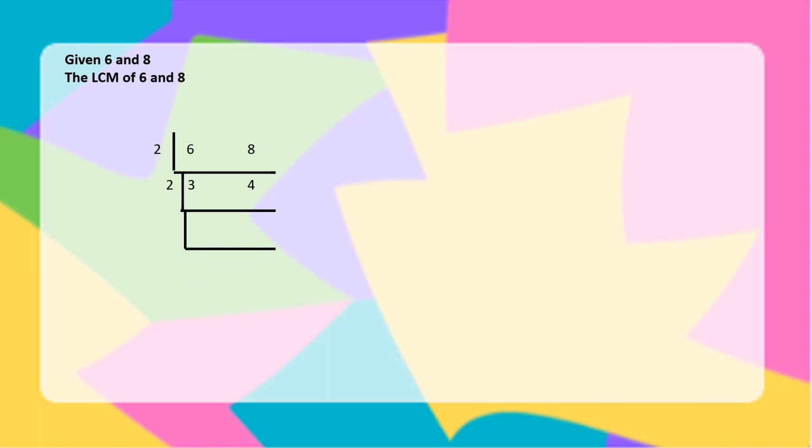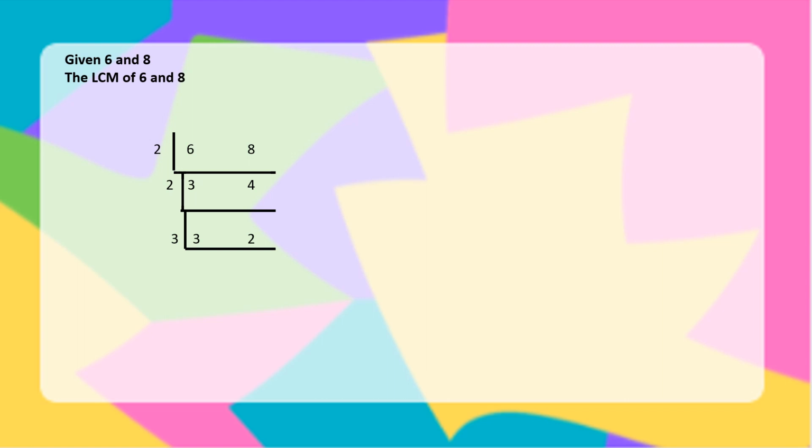The smallest prime number that can be divided to 4 is 2. So 3 cannot be divided to 2. All we have to do is just bring down 3. Then 4 divided by 2 is 2. Now, we need to set all the numbers outside the continuous division to be prime numbers.